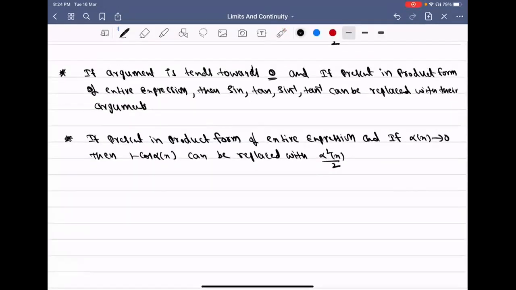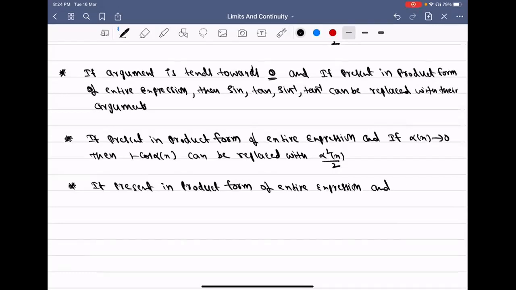Next one is, if present in product form of the entire expression, and if alpha x tends to 1, then ln of alpha x can be replaced with alpha x minus 1.